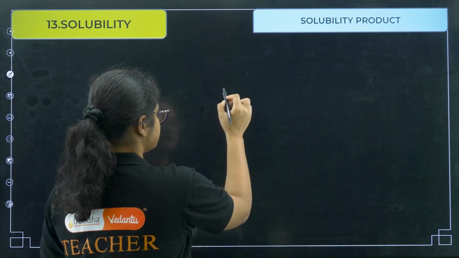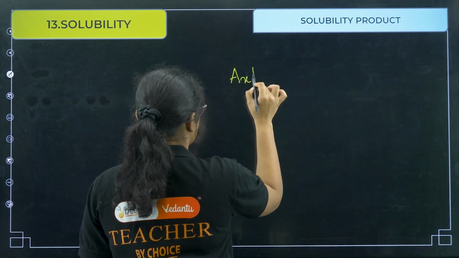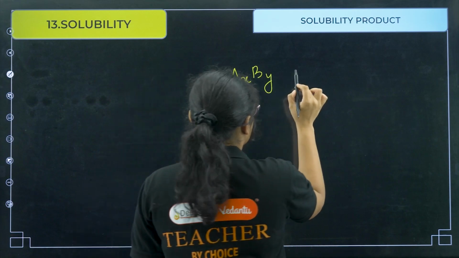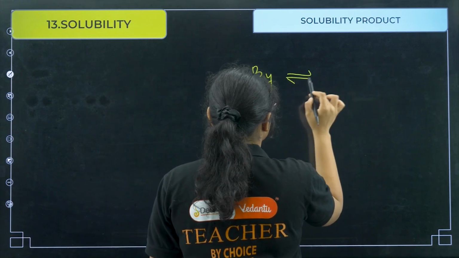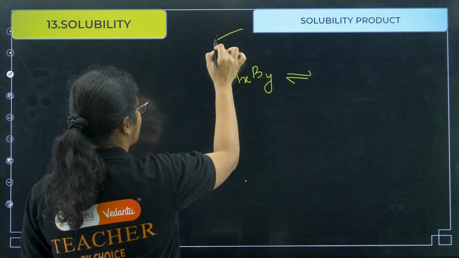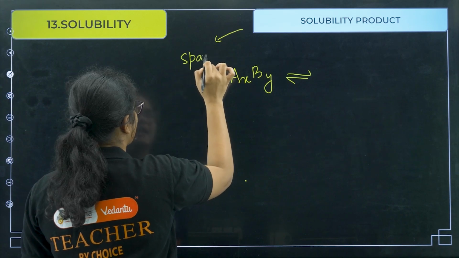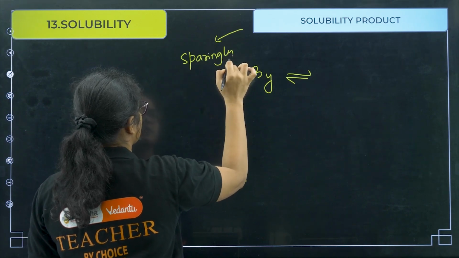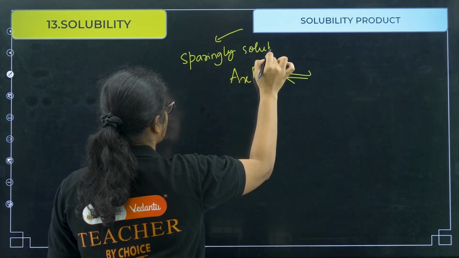Now suppose you have a salt of AxBy type. What will happen when it dissociates? The solubility product can be calculated for sparingly soluble salts, meaning very less soluble.